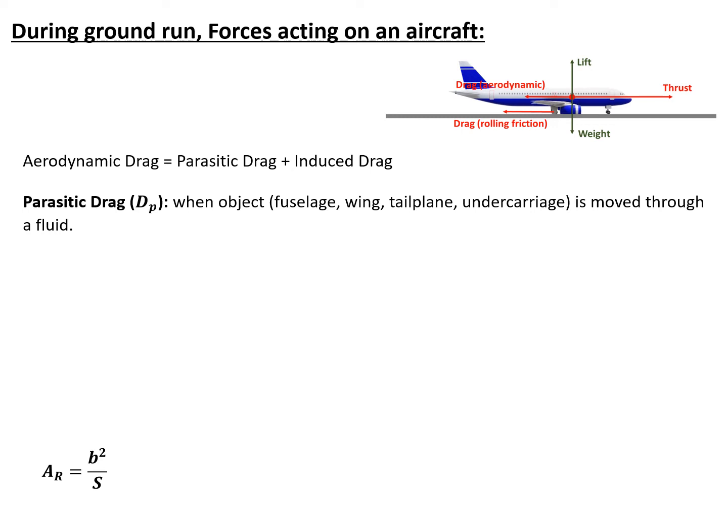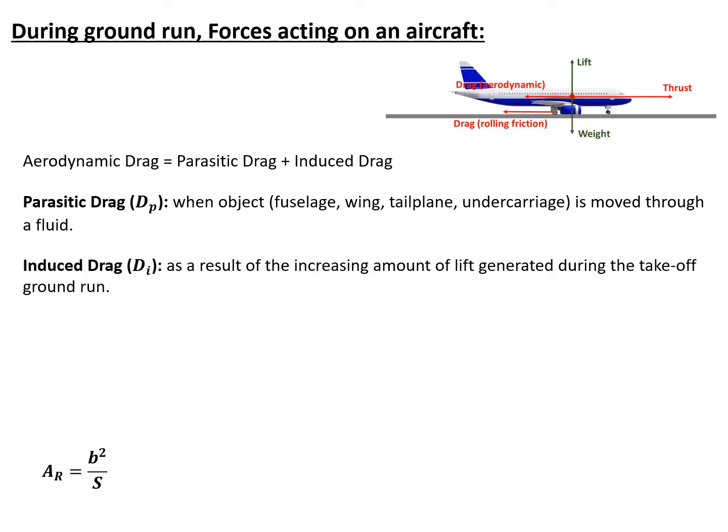The parasitic drag arises when an object, for example the fuselage, wing, tailplane and undercarriage, is moved through a fluid, in this case air. So this is basically the friction between the airframe and the air.